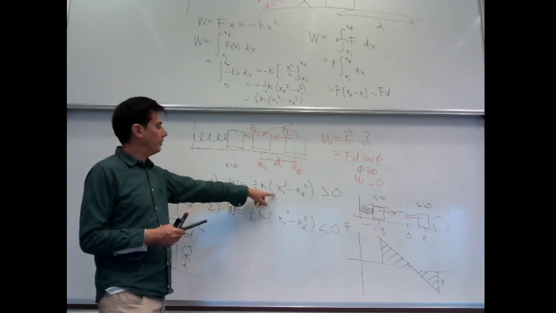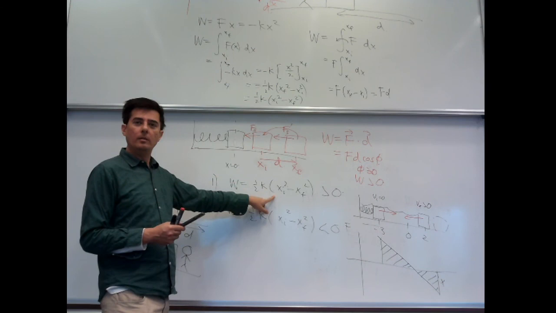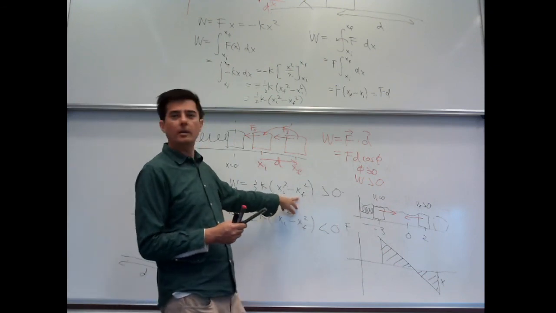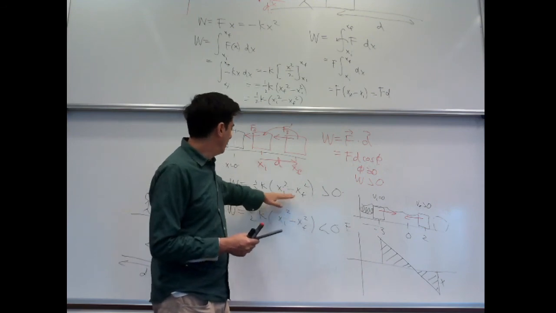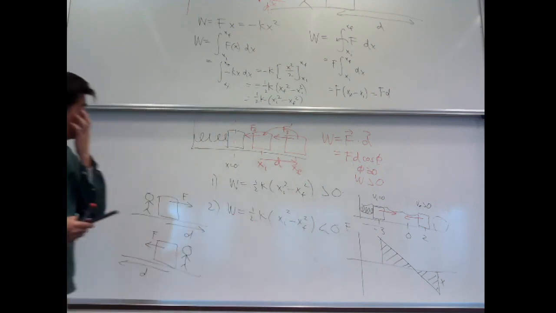So from the point of view of the formula, -2 squared is what? 4. Yeah, 4. 2 squared is 4. 4 minus 4 is 0. So this is saying it's actually 0.